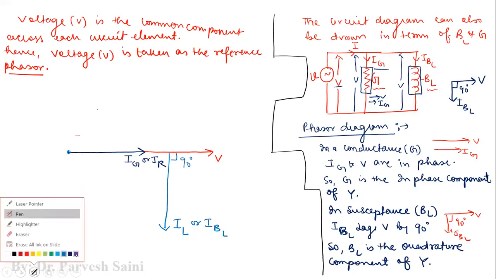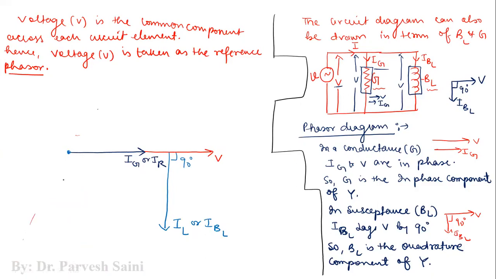So the resultant phasor is this one. Now this is the resultant current, which is I, and the phase difference is phi. Because the circuit is inductive, you can see that the net current is lagging the voltage, right?